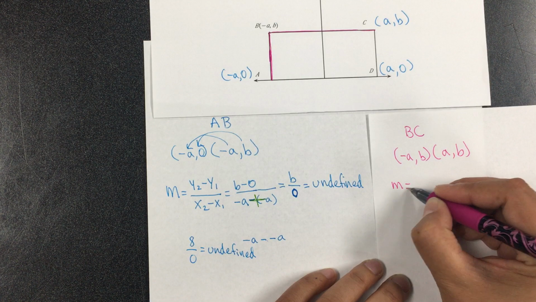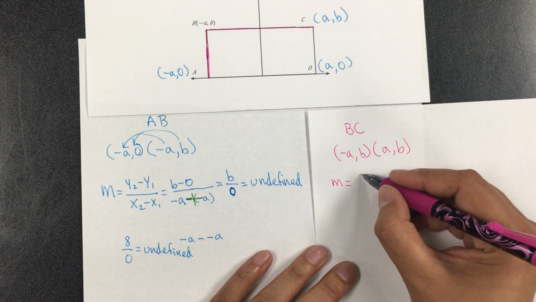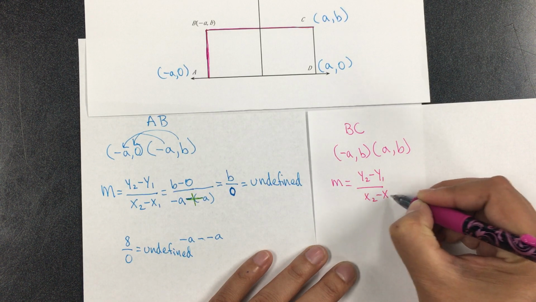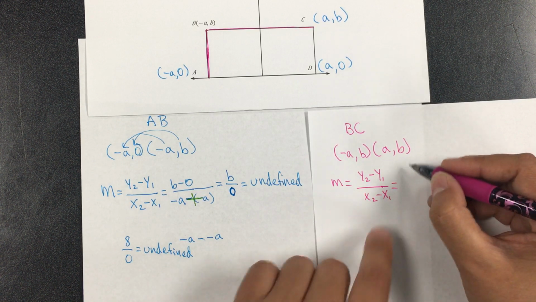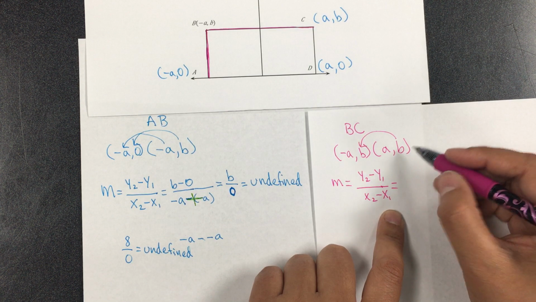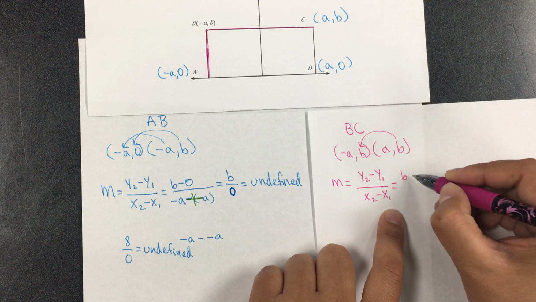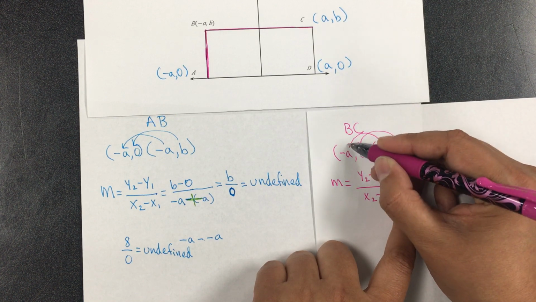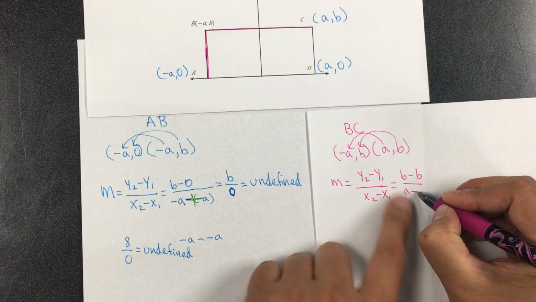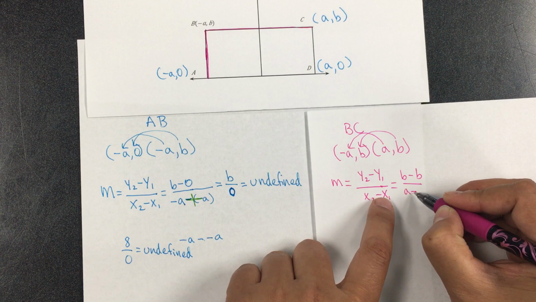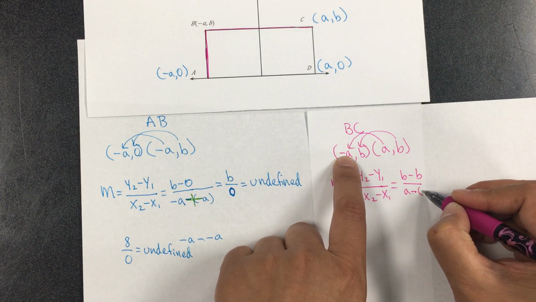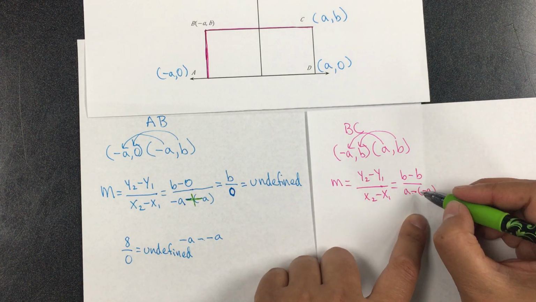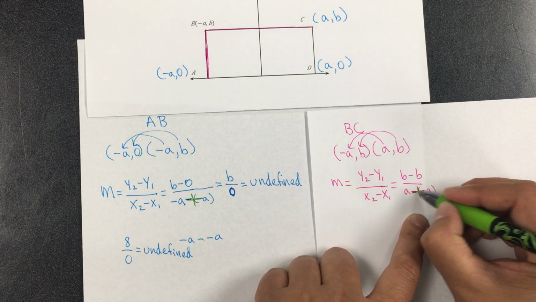Again, m is equal to y2 minus y1 over x2 minus x1 equals, again, b minus b over a minus, and then negative a, minus from here and negative from the negative a. Two negatives together always make a big plus.